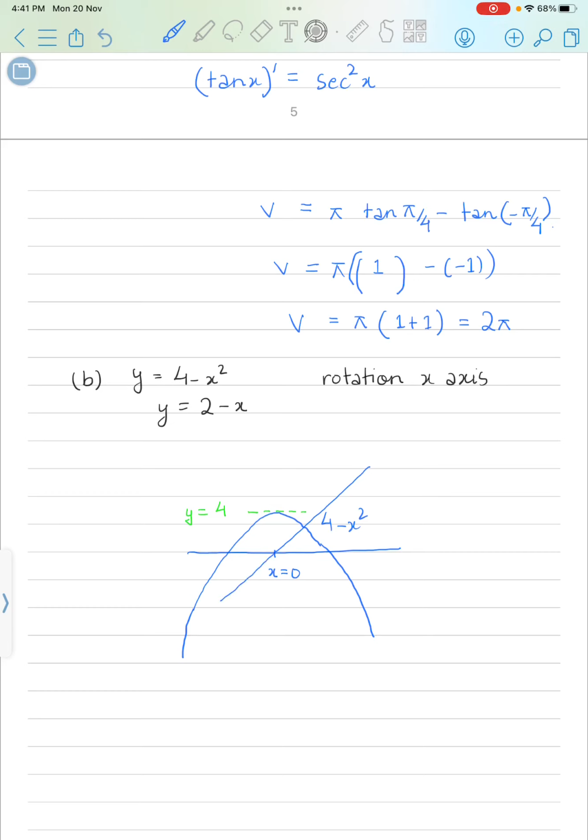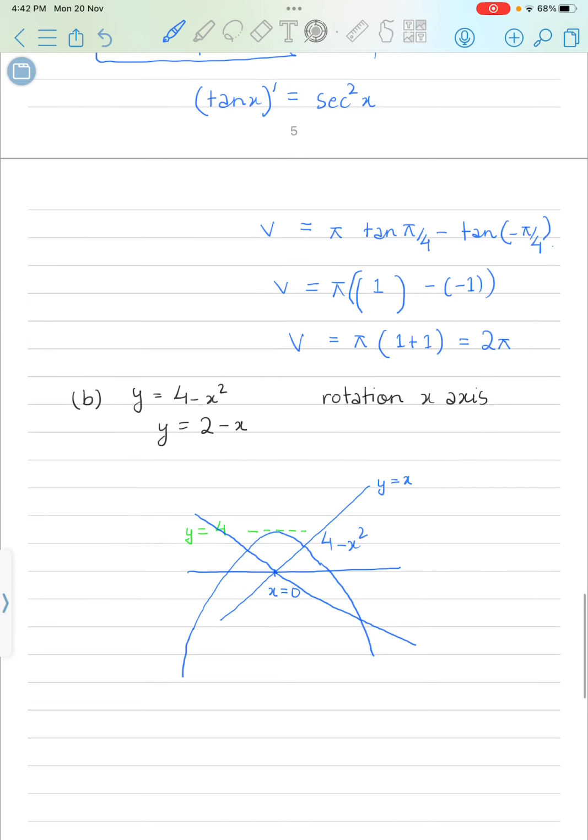If you draw y = minus x, it should be like this. Now you want to draw 2 minus x, so you add 2 to this graph. Let's say this is 2 distance, so you will get something like this.